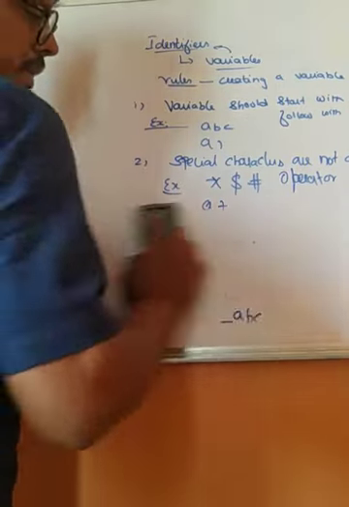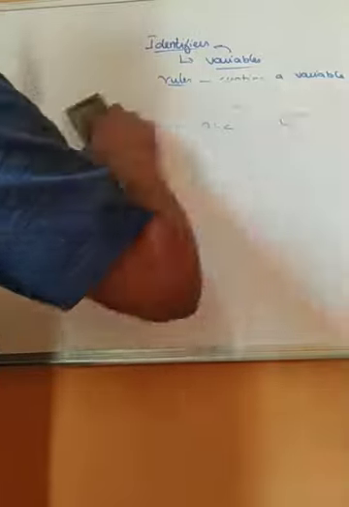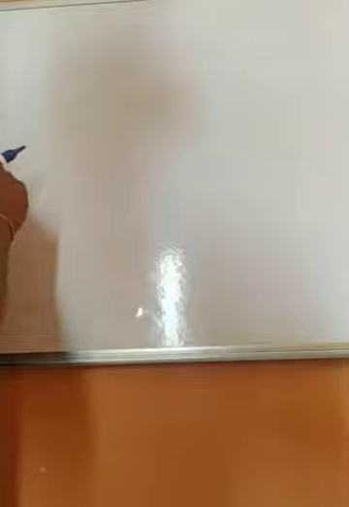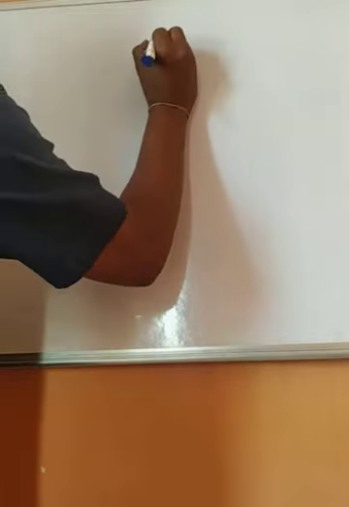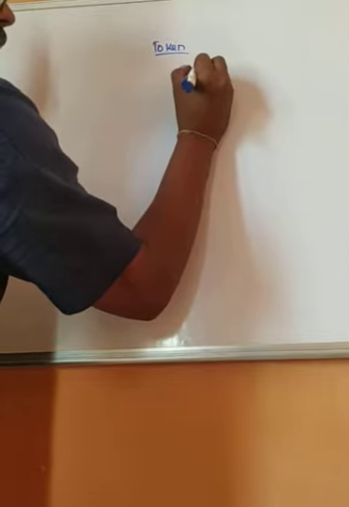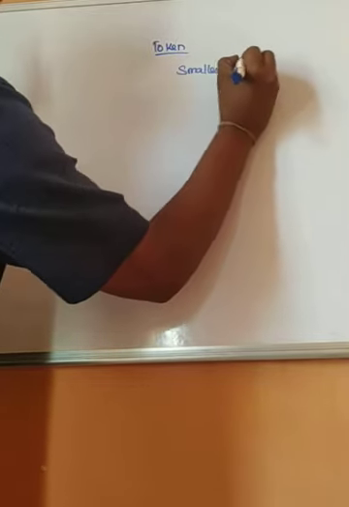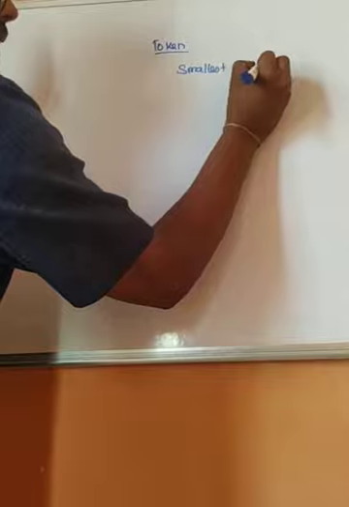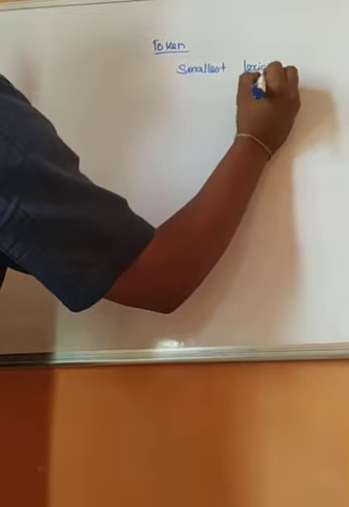The next one which I am going to teach you is tokens, or we call it the smallest lexical unit. A token is nothing but the smallest lexical unit, or we can call it the smallest unit.